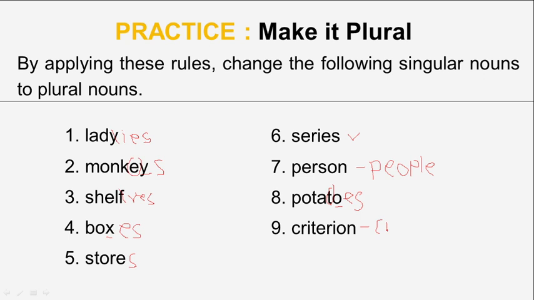The plural of criterion is criteria. Last one, alumnus. What is the plural of alumnus? Okay, very good. Again, alumnus is also an irregular plural noun. Therefore, we need to change the word. The plural of alumnus is alumni.